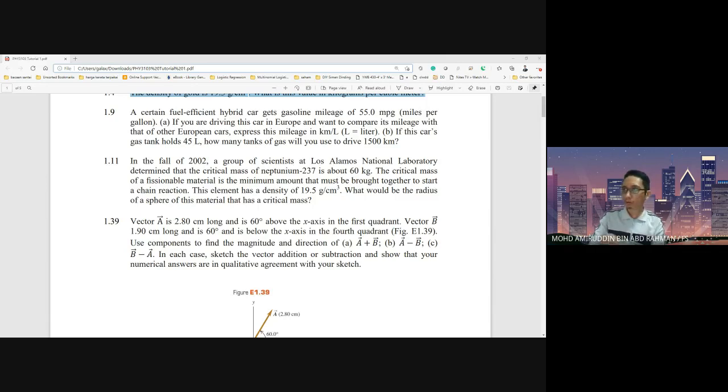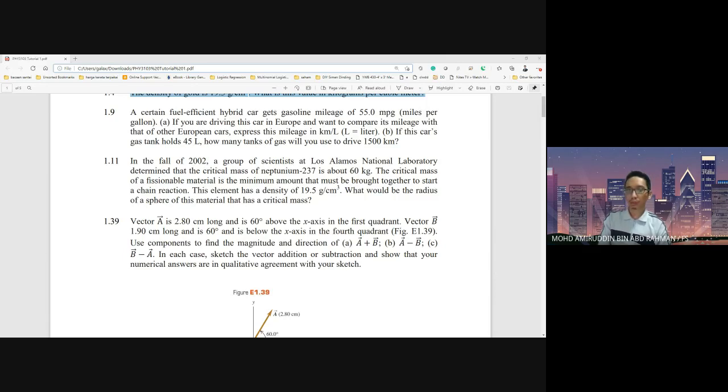Okay, so we move on to the next question. 1.11. In the fall of 2002, a group of scientists at Los Alamos National Laboratory determined that the critical mass of Neptunium 237 is about 60 kilograms. This is a nuclear physics study.